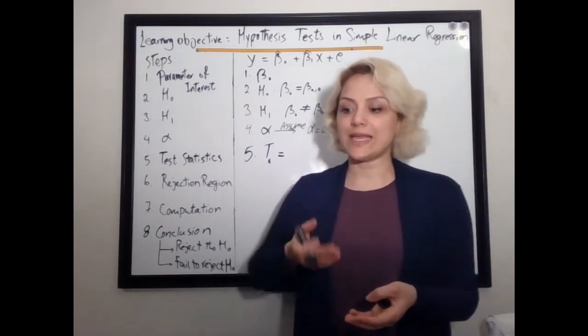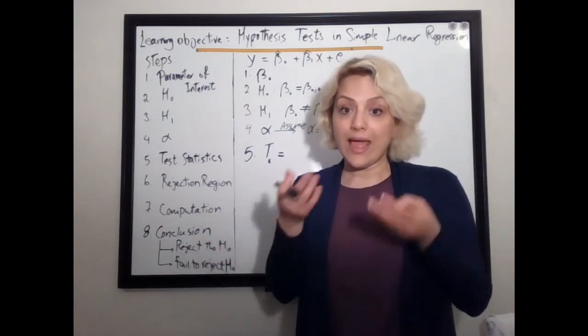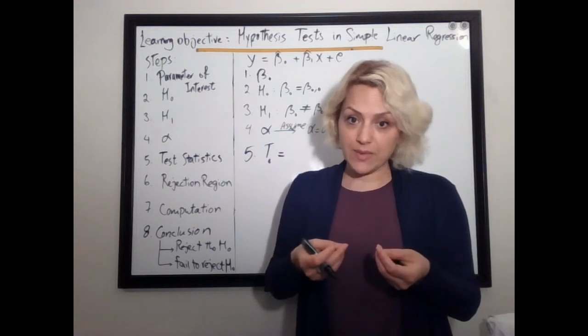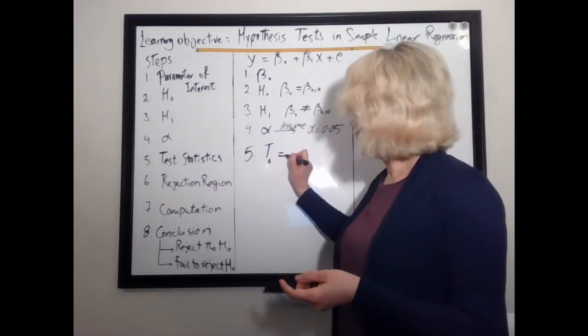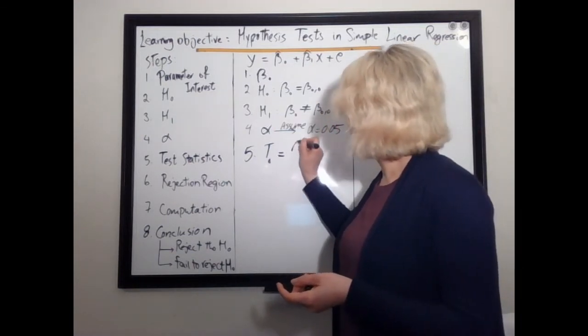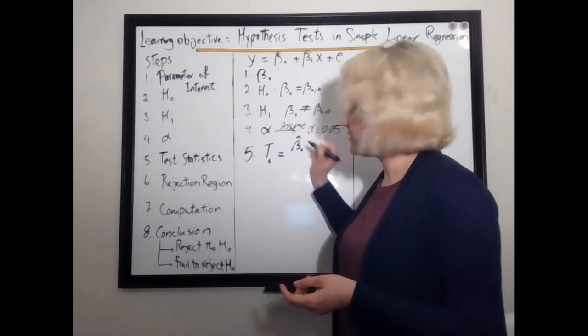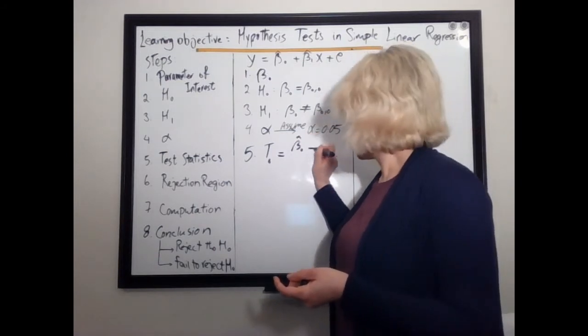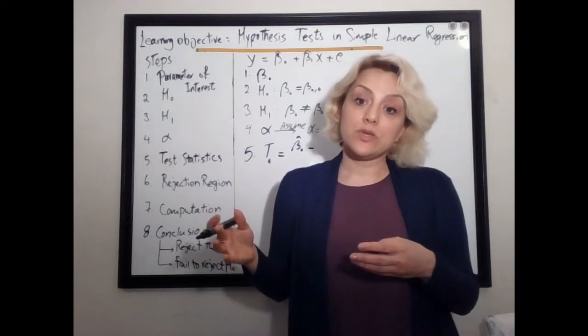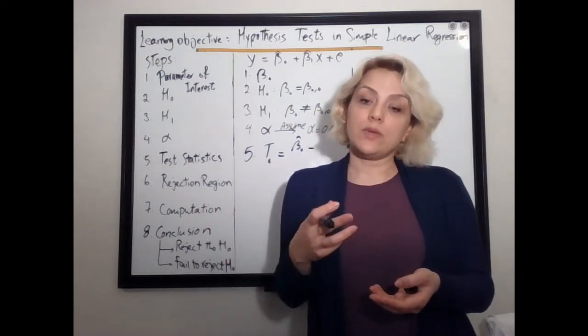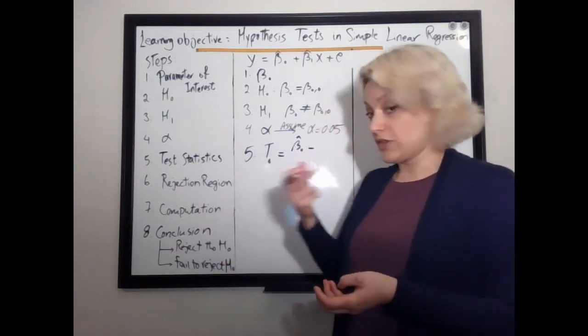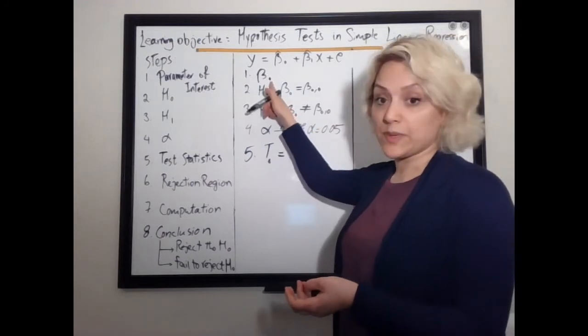For example, when you say x bar minus mu, x bar is your estimate. So here for beta null, it's going to be the beta null estimate, minus, instead of mu, our parameter of interest, beta null.